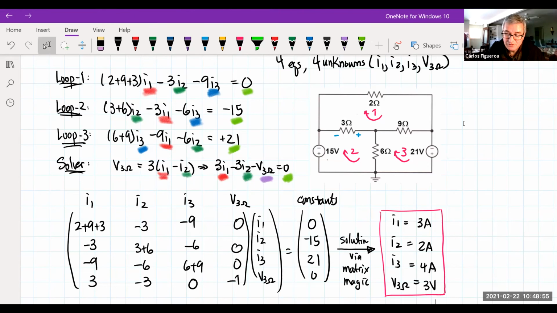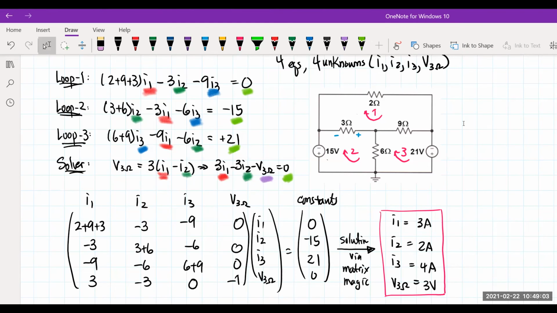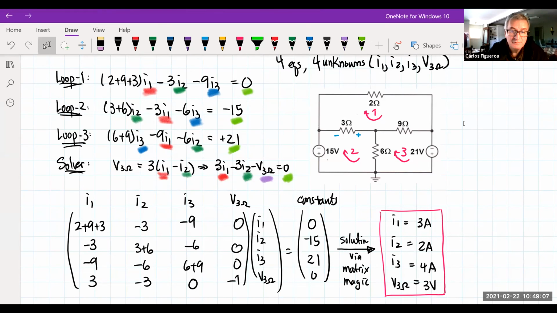If you had changed the direction of loop 2, then you can't blindly go in and add and subtract resistors to the loop with mutual resistors and stuff like that. You would have to really go in and pay attention to signs. And there are a small percentage of students, very small, maybe a few percent, but that's what you find here.